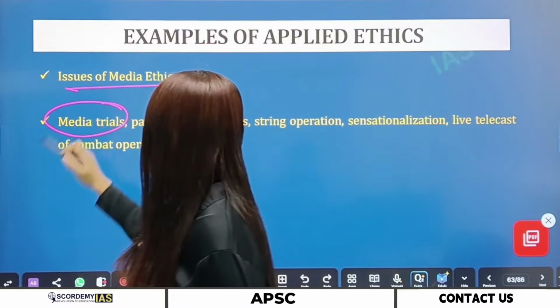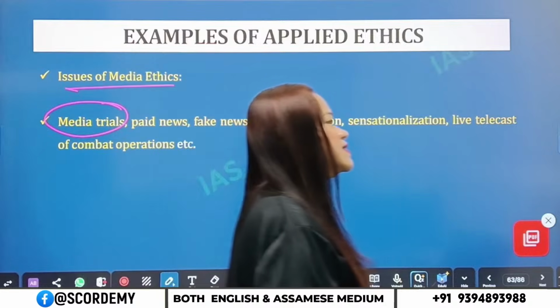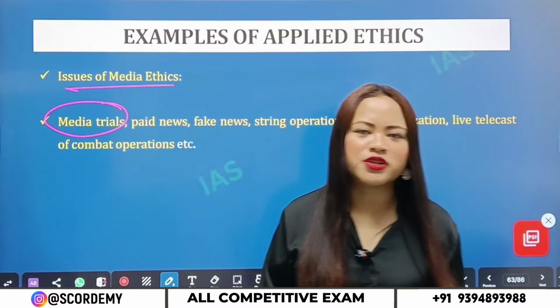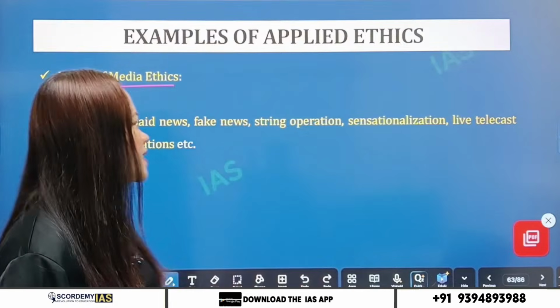Media trials. When media starts running parallel investigations, they're not even waiting for the court of law to run trials and give their verdict.